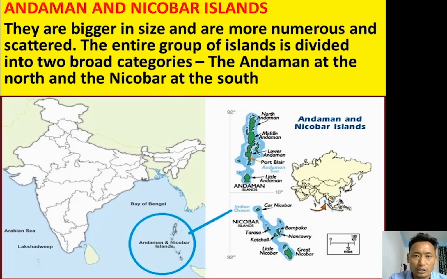The entire island group of Andaman and Nicobar is divided into two. The northern part is called Andaman, and the southern part is called Nicobar Island group.